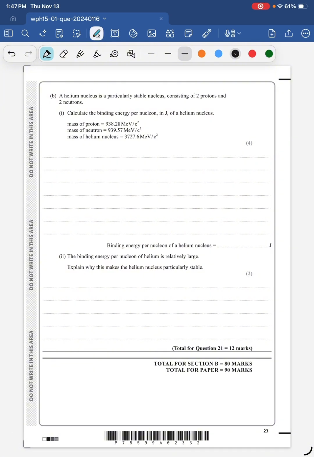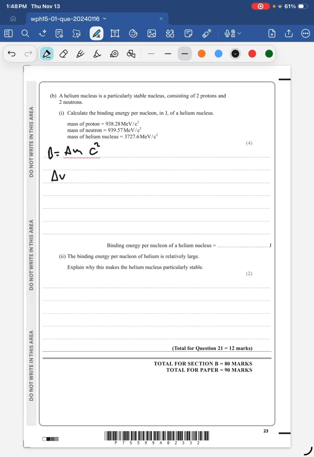B. A helium nucleus is a particularly stable nucleus consisting of 2 protons and 2 neutrons. Calculate the binding energy per nucleon in joules of a helium nucleus. And we're given the mass of the proton and the neutron and the mass of the helium nucleus. Okay, first step is to find the binding energy itself. How do we do that? The binding energy is the mass excess over c squared.